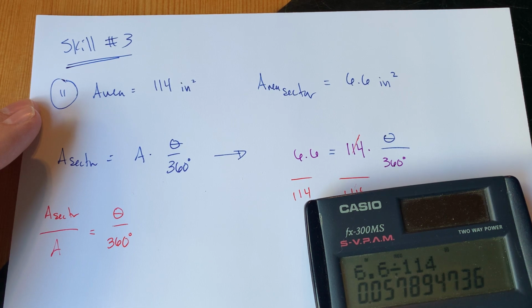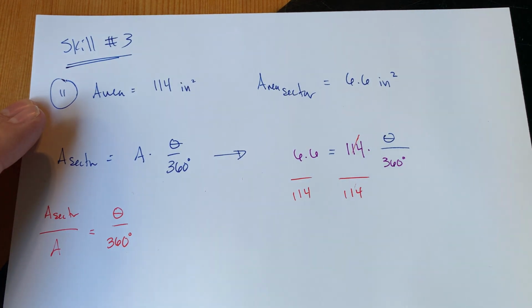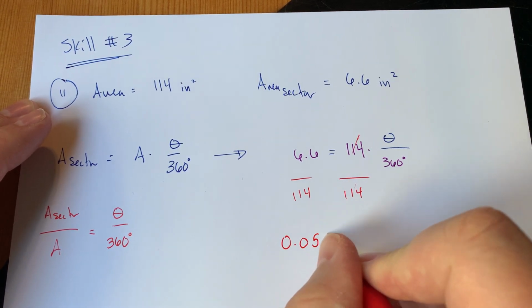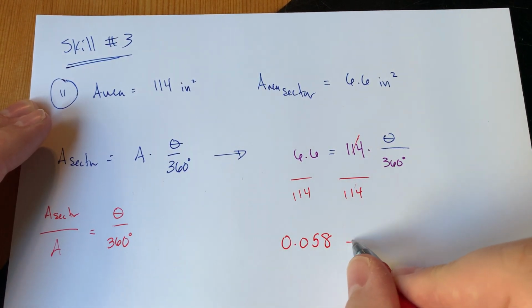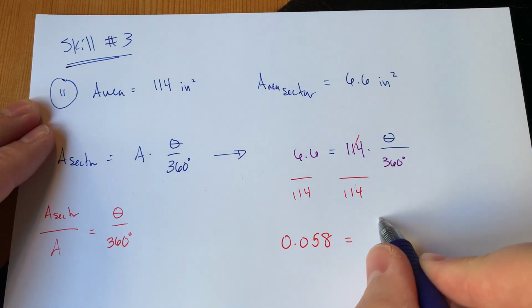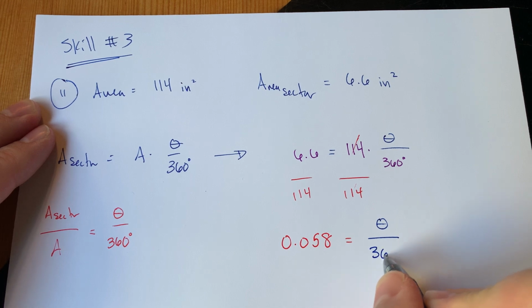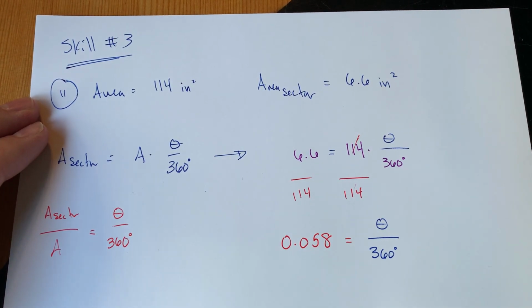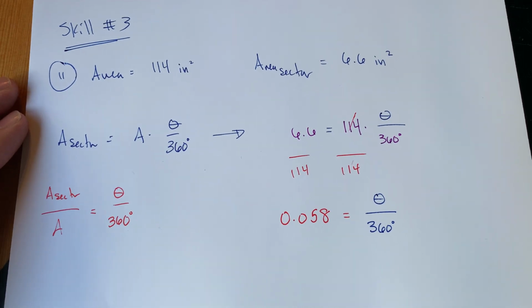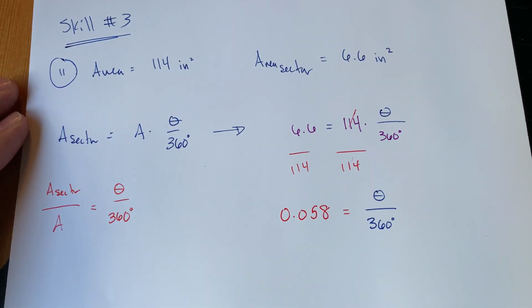Let's call that 0.058. And so that would be our angle over 360, right? So I just divided the 114 away to the other side. I got another small decimal. You get these decimals either way you do it here. It's not like we're going to do this one way or the other and avoid the decimals. They are what they are.